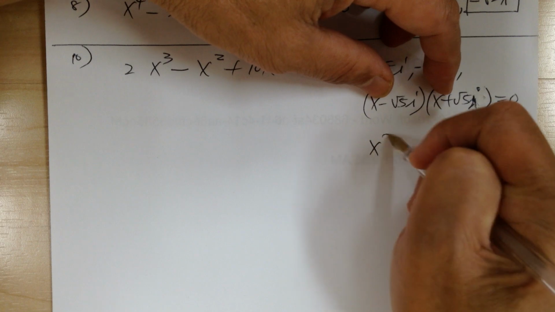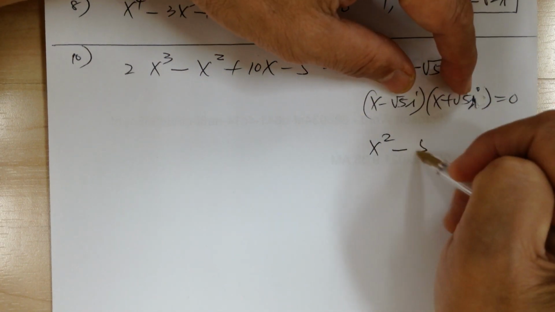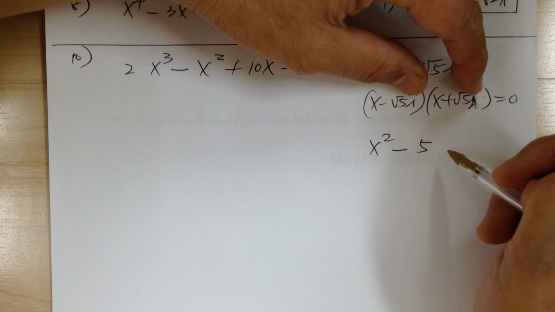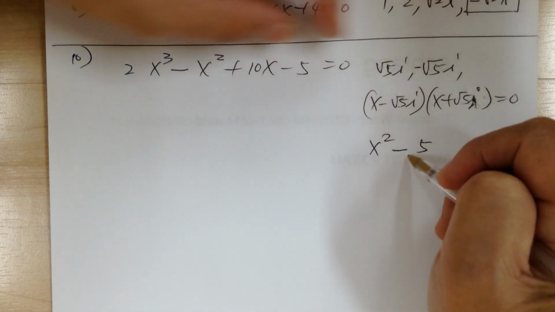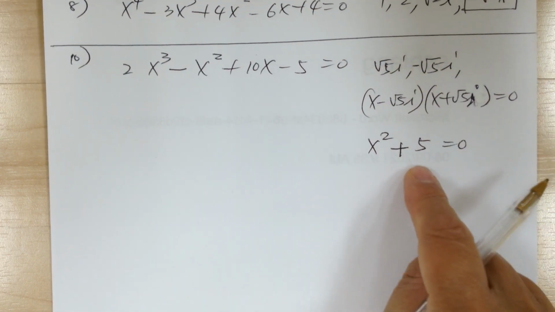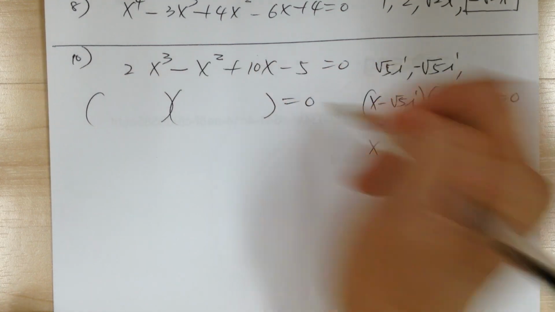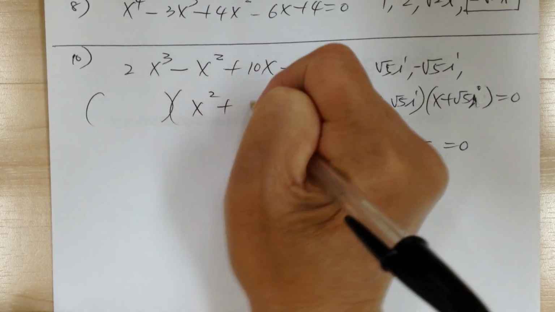So you got x squared, negative times positive is minus, square root of 5 is 5, i times i is negative 1, times negative 5 becomes plus 5. So these 2 answers came from this part. So when you factor, one of the factors would be x squared plus 5.